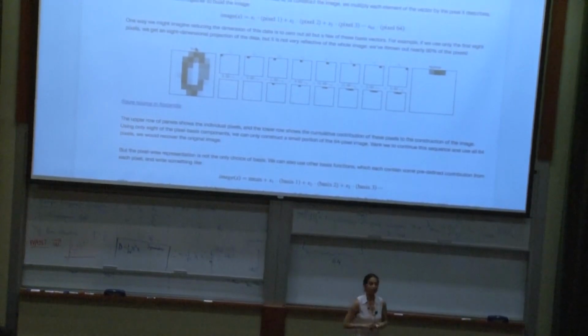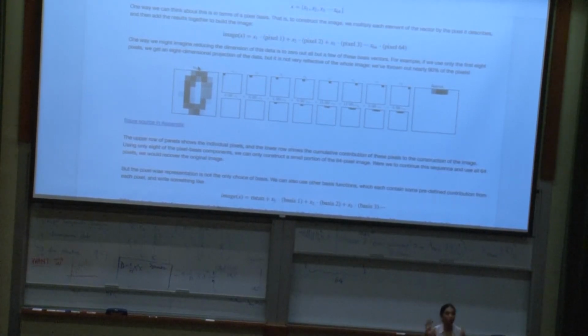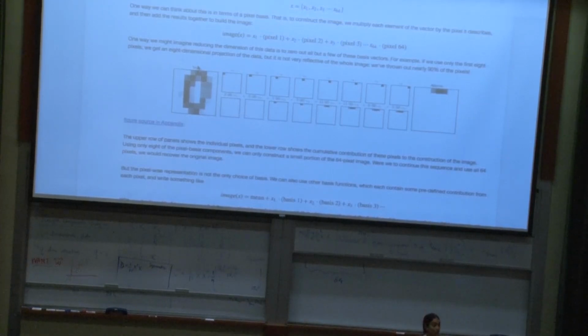If I wanted to choose some 8-dimensional underlying structure, some set of 8 vectors that represented this, one option I could choose is the first 8 pixels. So if this was my image, the first 8 pixels are this first row right here.